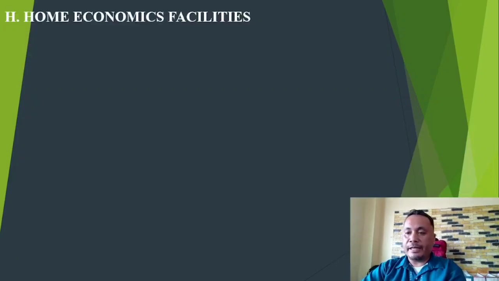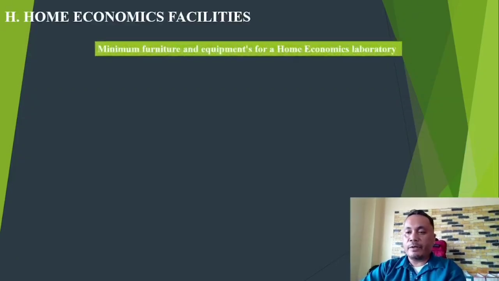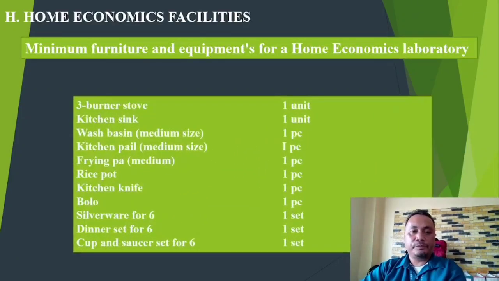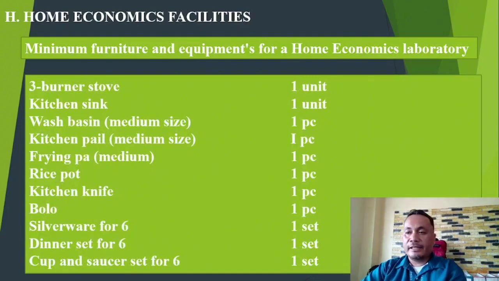Okay. And then we have also the 3 burner stove, isa ka buok, and then kitchen sink, wash basin, kitchen pail, frying pan, rice pot, kitchen knife, bolo, silverware, dinner set, cup and saucer set.